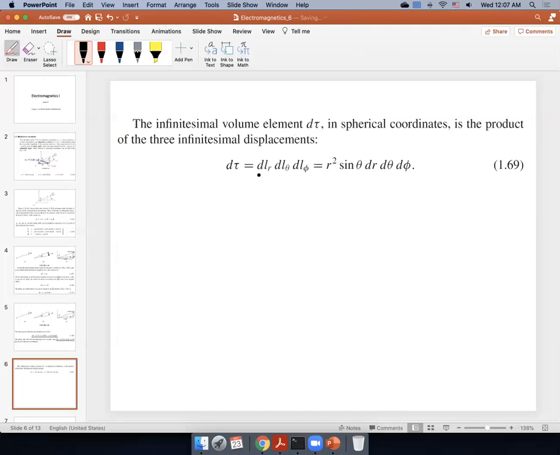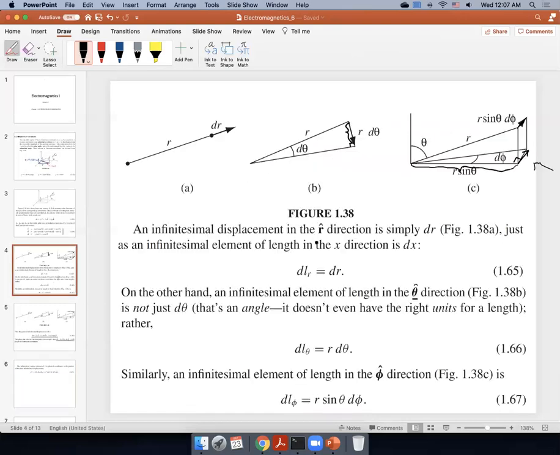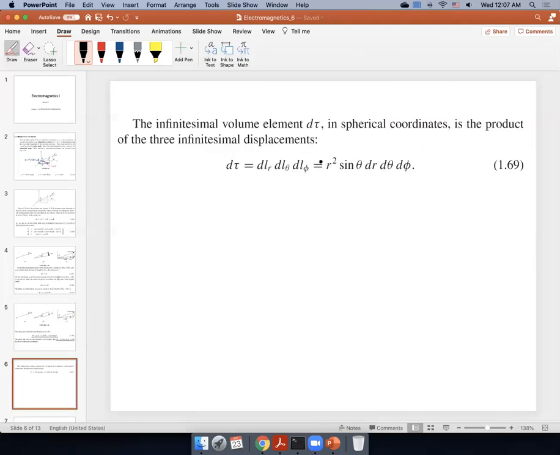It equals, of course, dLr times dL theta times dL phi. And then you put the equations of dLr, dL theta, and dL phi into the same equation. Here you will get r squared sine theta, dr, d theta, d phi.